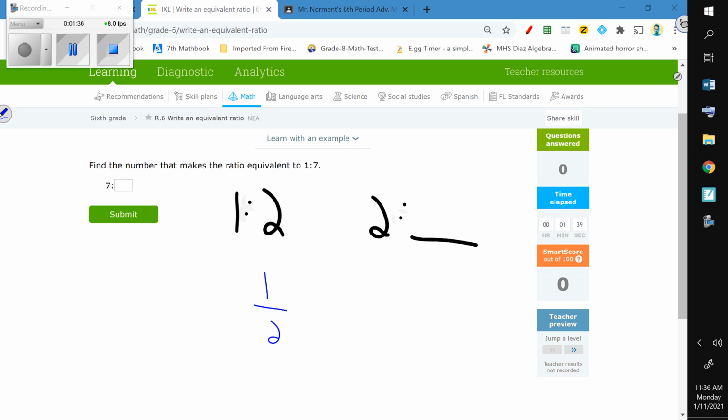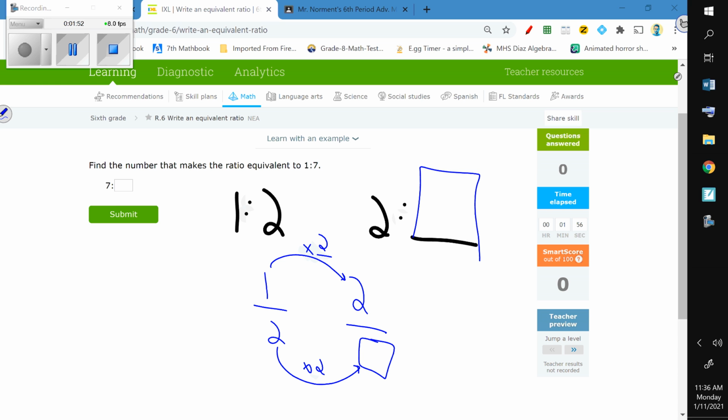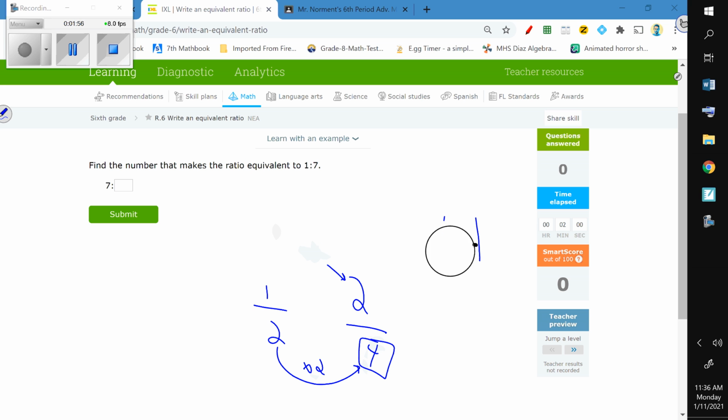Write them both as fractions and put a box for this space right here. And then ask yourself, you're going to be multiplying. I'm increasing, so 1 times what number equals 2? 1 times 2. And then you multiply this times the same thing, and you get 4 like we had earlier. So that's how we do this.